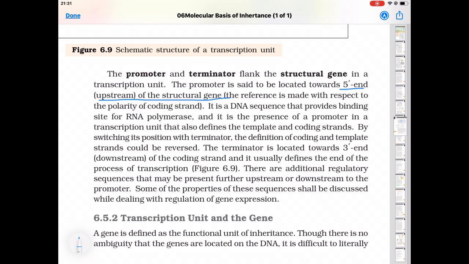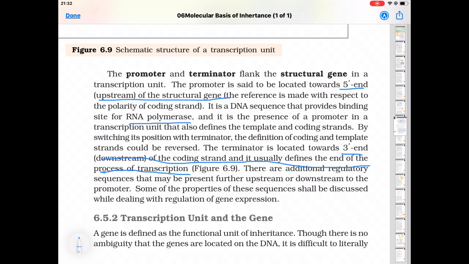It is the DNA sequence that provides the binding site for RNA polymerase. The terminator is located towards the 3' end, known as downstream of the coding strand, and usually defines the end of the process of transcription. There are additional regulatory sequences that may be present further upstream or downstream of the promoter.